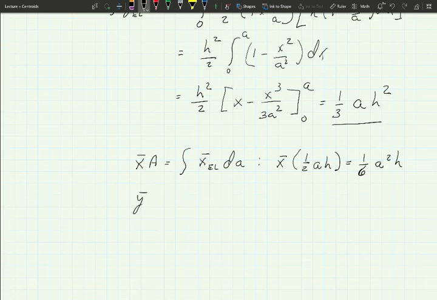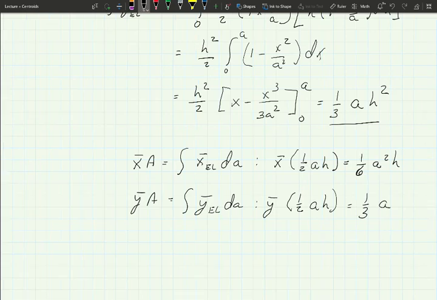And my y bar a is the integral of y L dA, and that'll be y bar times 1/2 ah equals 1/3 ah squared.